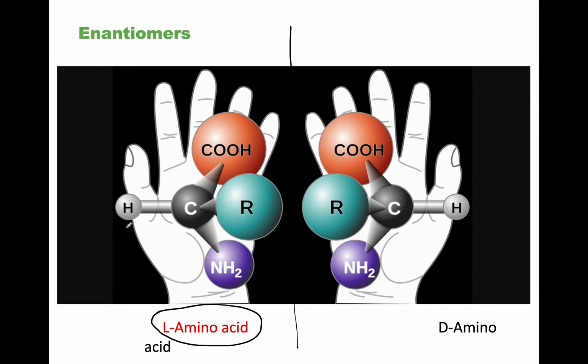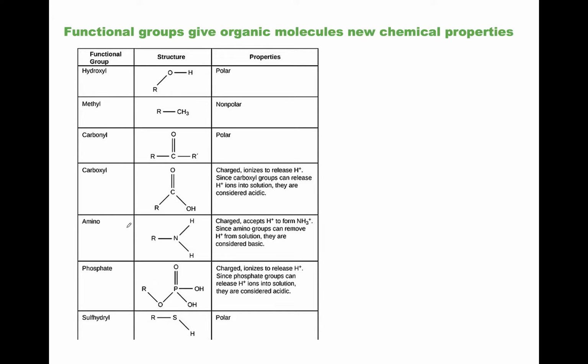But there's also additional ways we can give carbon-based molecules important chemical properties, and that is by the use of functional groups. And functional groups, as the name implies, provide a new function to the carbon-based molecule that has these groups. And here's a number of functional groups that are important for us in this course. So let's go through them one by one.